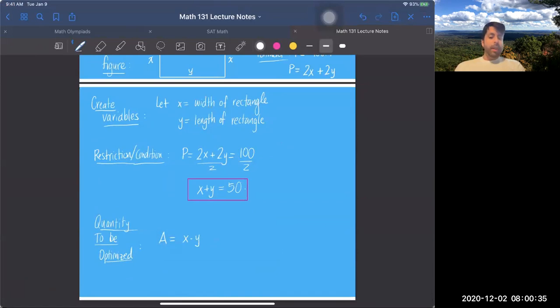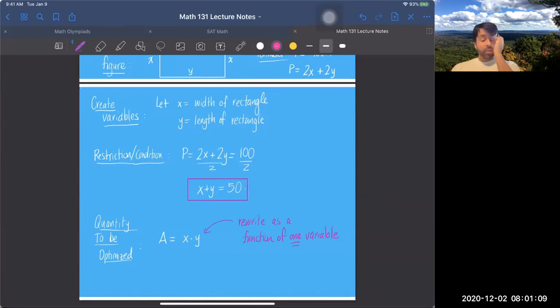Now the problem here is that we're not accustomed to having two variables to represent a quantity, right? We usually define a function in one single variable. So then my task is to rewrite this as a function of one variable, not two.